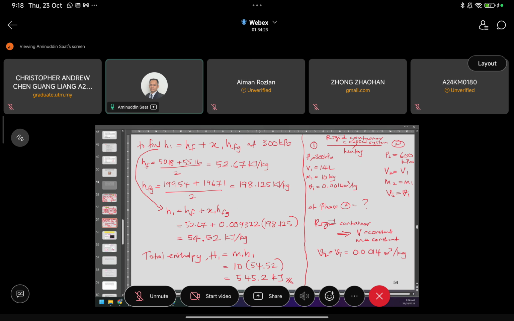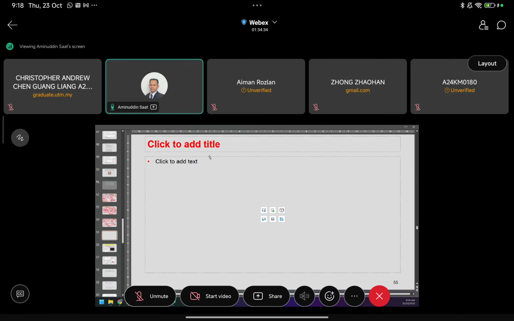Now you have two pieces of intensive property information: 600 kilopascal and the specific volume. So you have P2 600 kilopascal and specific volume 2, 0.0014 meter cube per kilogram.